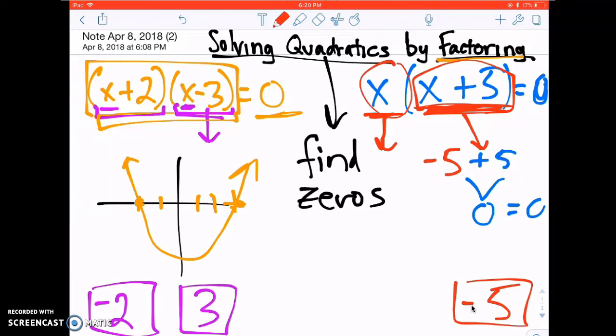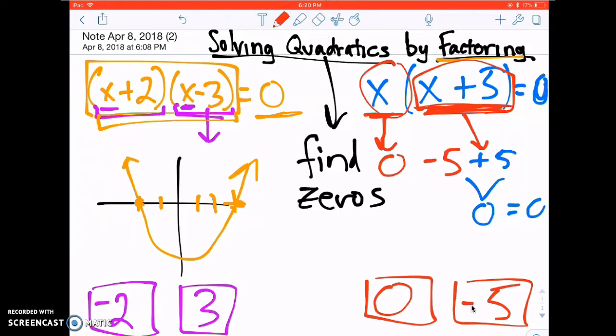What could we plug in for x by itself to make it 0? This is kind of silly now, and maybe seems like a trick question, but the number we could plug in for x that makes that 0 is just 0. So our other solution here is 0.